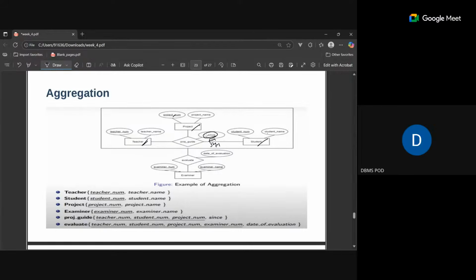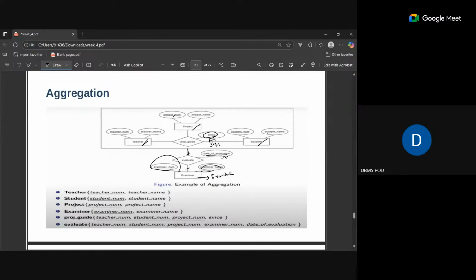We are considering this ternary relationship as a single entity, and we are defining the relationship with the examiner entity set. This again has unique keys, and evaluate denotes a relationship, and this again has a date of evaluation.